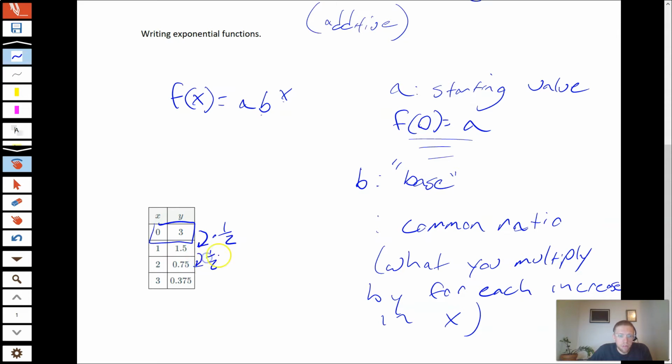So that's my base, times 1/2 for each. So my equation, and I'll use x and y because that's what's given in my table, is y equals a times b to the x. So a is 3, and then my base is 1/2, what I'm multiplying by. So 3 times 1/2 to the x power.